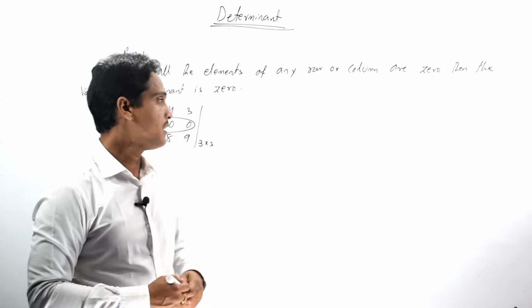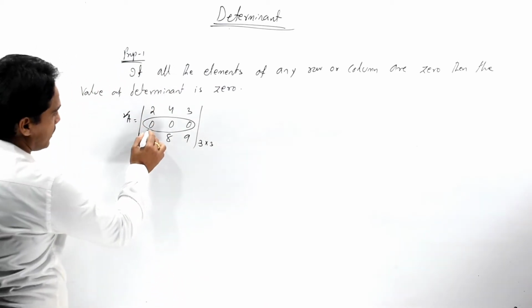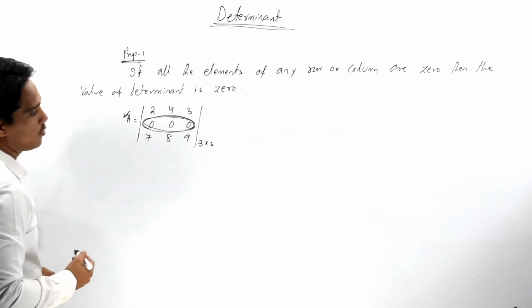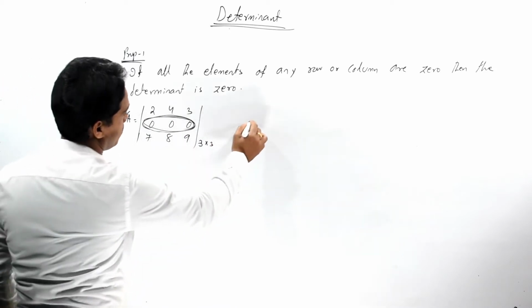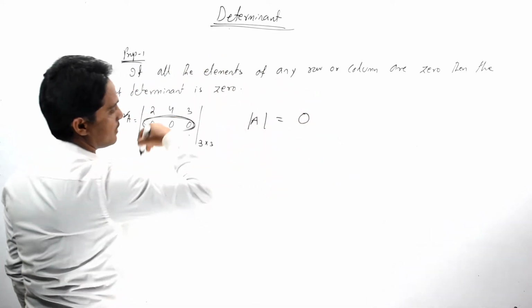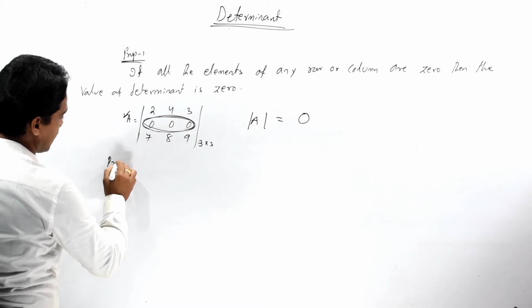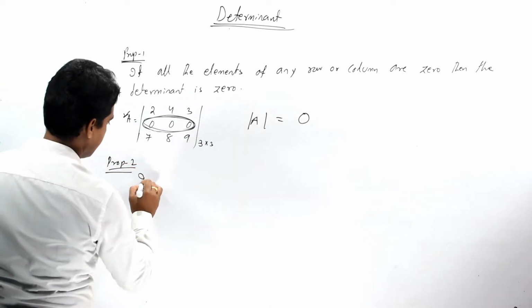So as in our given example, all the elements of our second row are 0, so the value of the given determinant is 0.